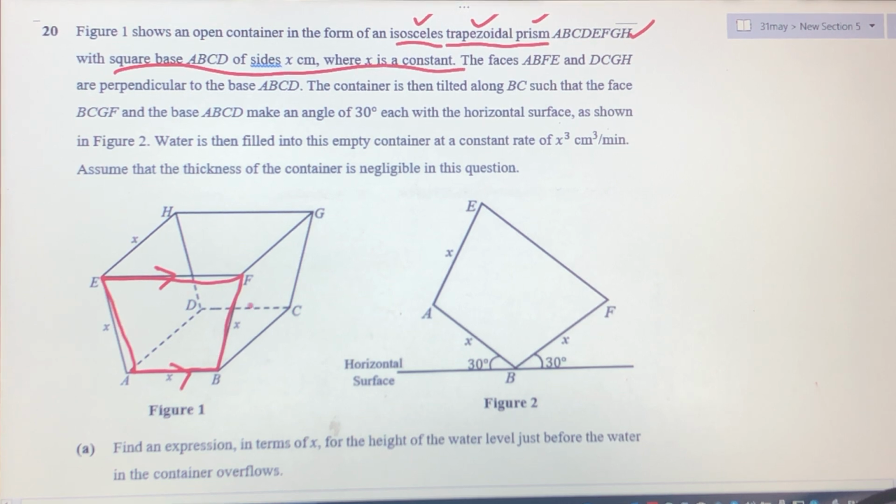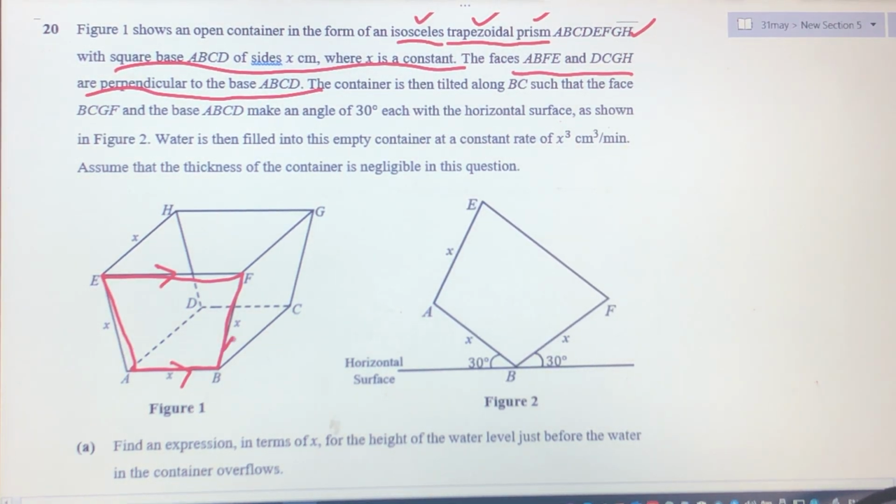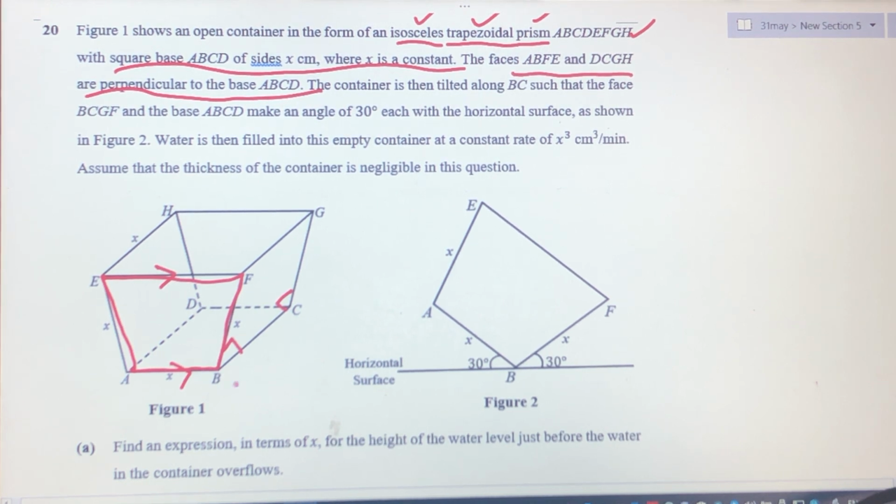Then x, x, x, x, everything the same. The faces ABFE and so on are perpendicular to the base ABCD. So they are telling you that if I look from this side, this is a right angle, and this is a right angle. Clear? They are just trying to tell you that it's a prism.